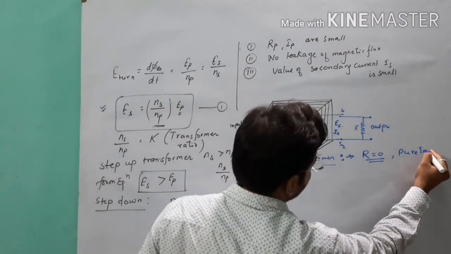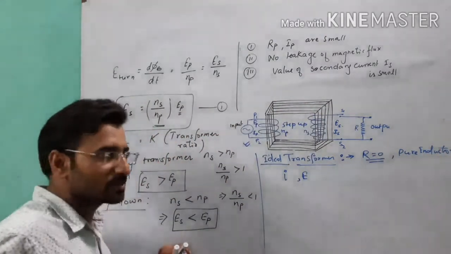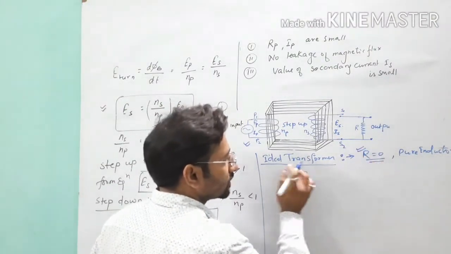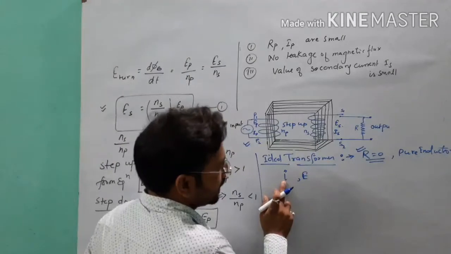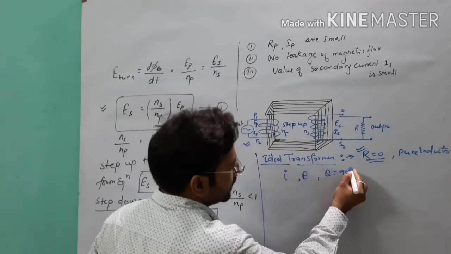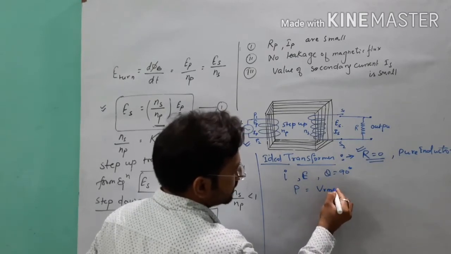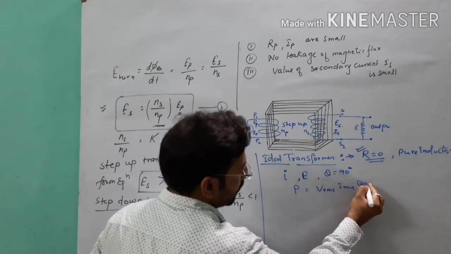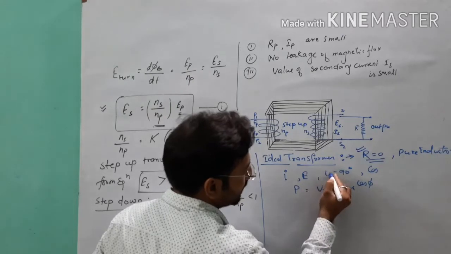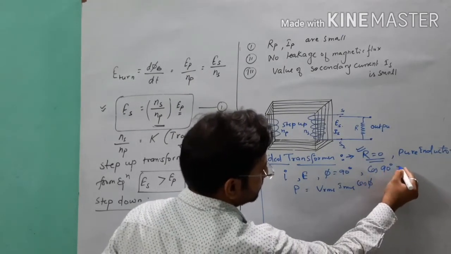Practically this is not true, but theoretically, if R is equal to 0 in case of an ideal transformer, then the phase angle between I and E is 90 degrees. In the power formula Vrms, Irms, cos phi, in place of theta we can write phi also. So cos phi means cos 90 is equal to 0.